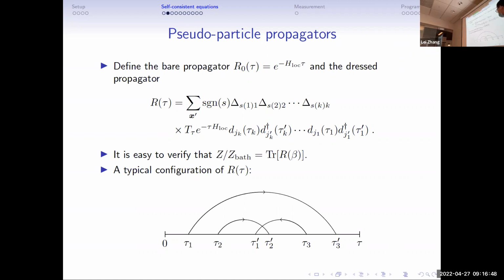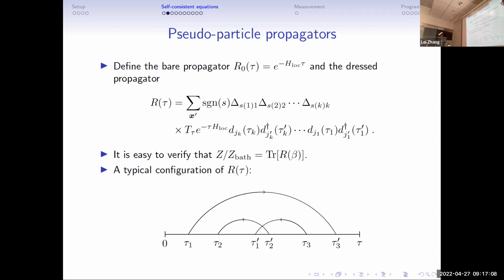But the time ordering between tau and tau prime is not specified. We also need to pair different D and D daggers. In this example, the first D is paired with the final D dagger.